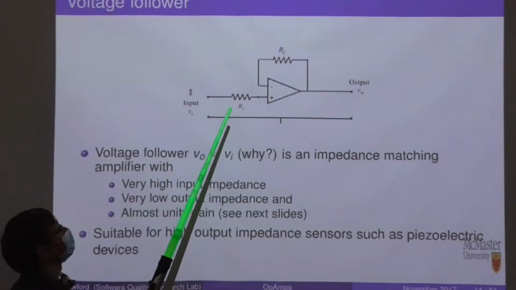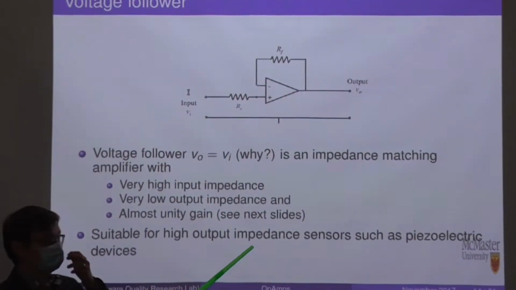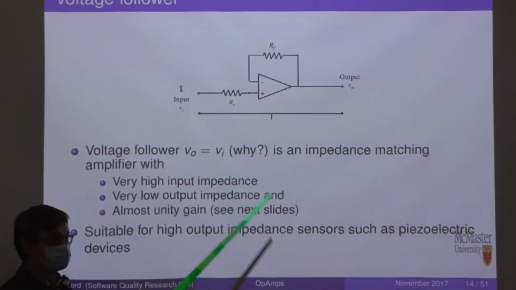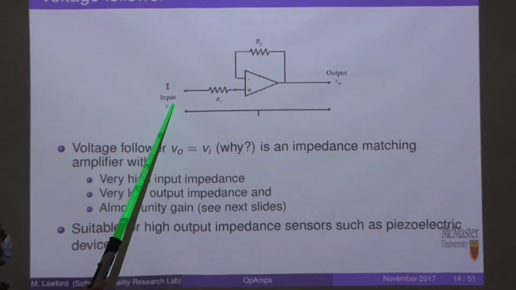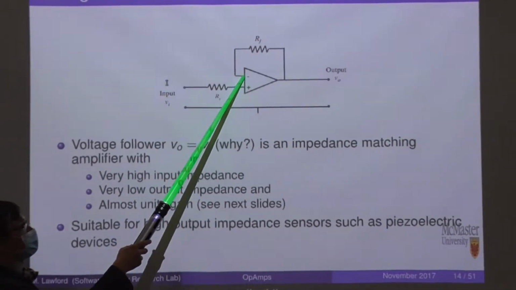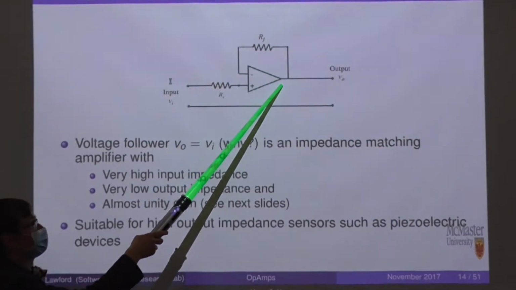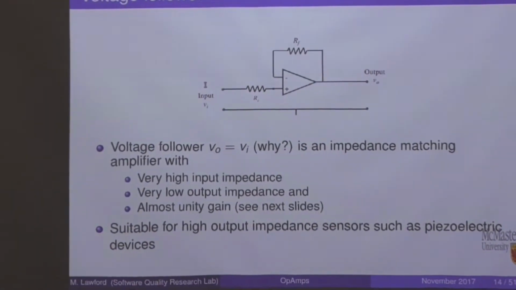Number two, no current flowing, right? If there's no current flowing across the resistor, then there's no voltage drop across the resistor, which means that the input voltage here is equal to V plus, which is equal to V minus. There's no current coming here, so it's equal to V out. So what is even the point?